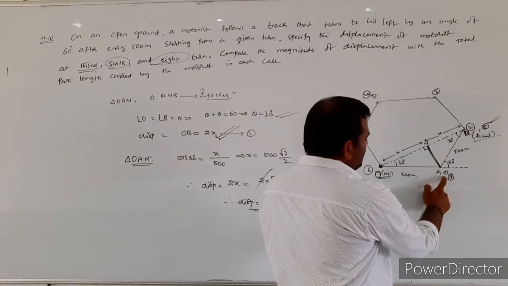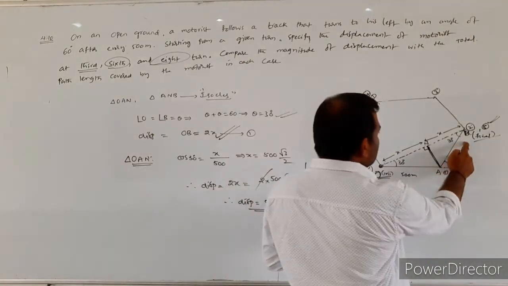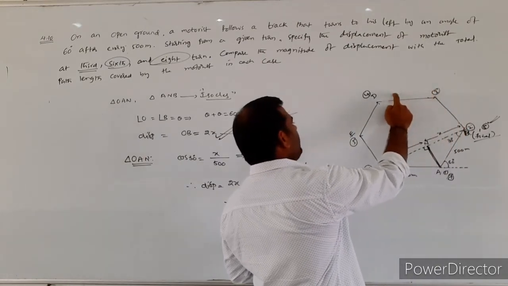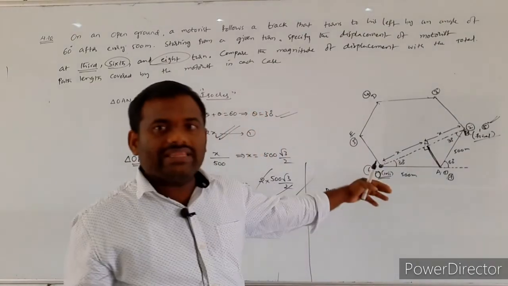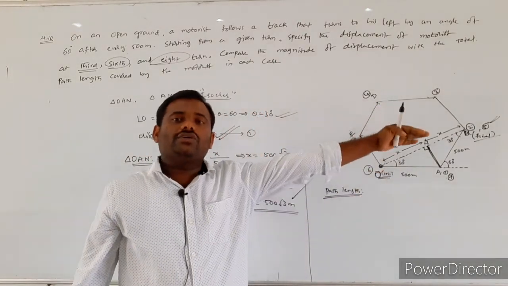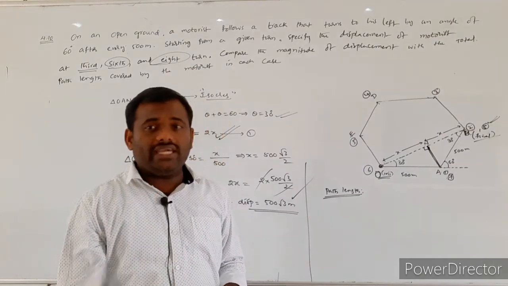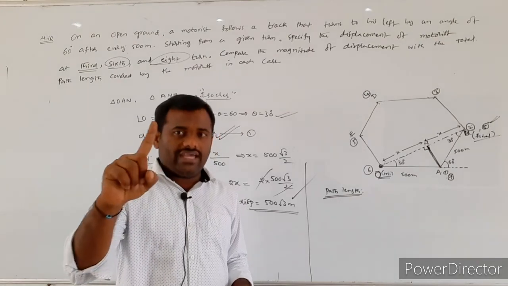Up to the first turn, he covered 500. Second turn 500, third turn 500, fourth turn 500, fifth turn 500, sixth turn 500, seventh also 500, eighth also 500. That means for each and every turn, he covers a distance of 500 meters.